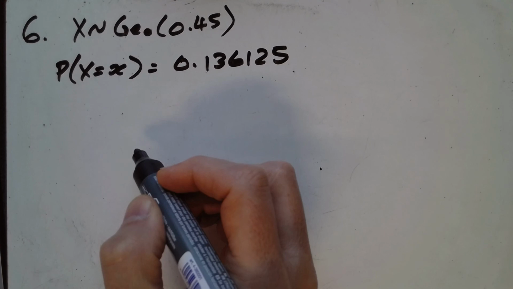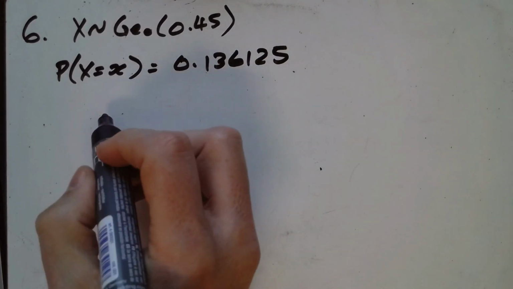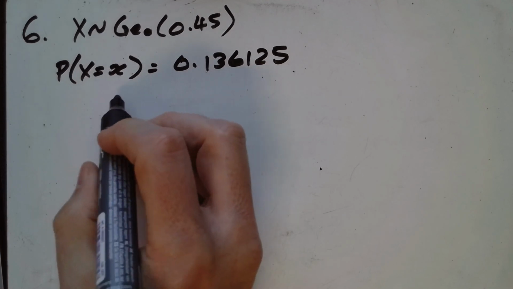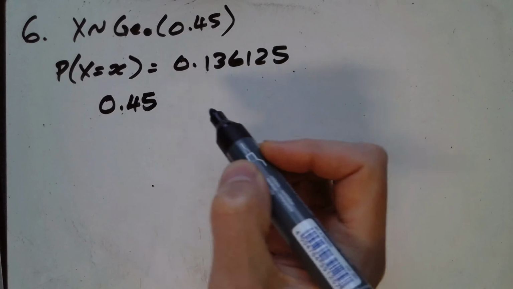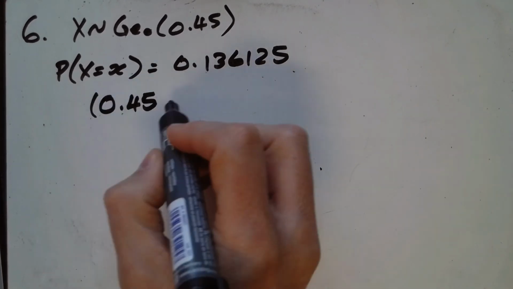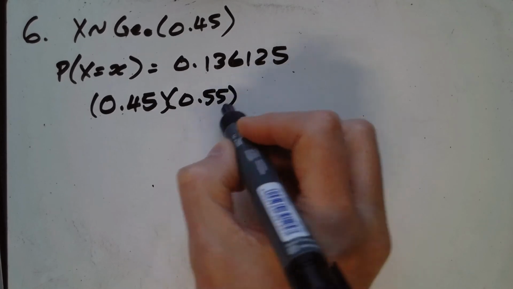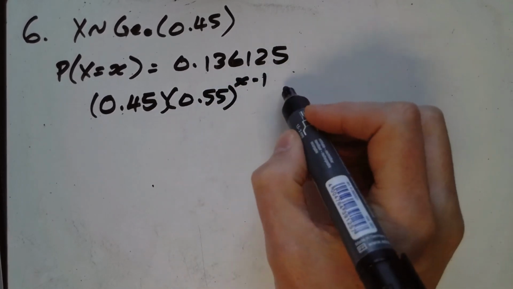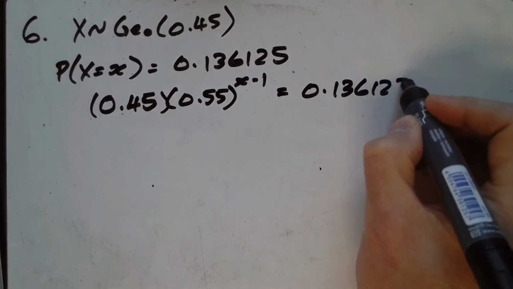We can't just jump straight into the distributions mode, although I suppose we could just shift solve it. I'll have a look at that in a minute. So Donald's going to need to win the last one, and all the others they'll need to lose. So that's going to be an X take away 1, and that's 0.136125.